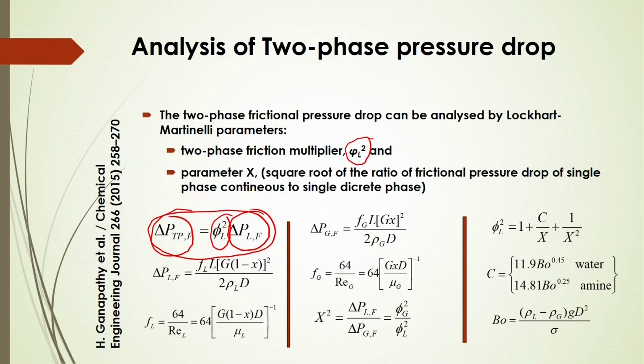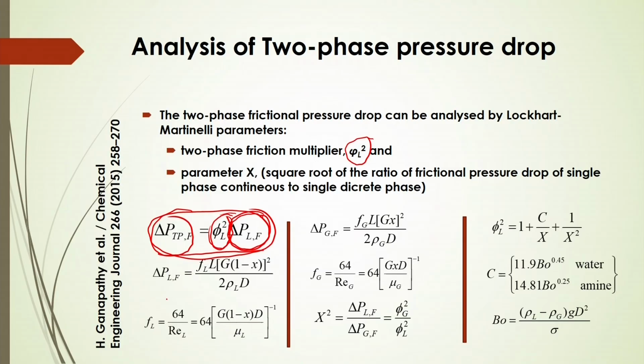So, this is the main concept: if you are considering the single phase liquid pressure drop, it will be denoted by delta P LF, the frictional pressure drop of single phase liquid, and if you multiply the factor phi L square with this delta P LF, then you have the two phase frictional pressure drop. Now, what is the single phase liquid frictional pressure drop?